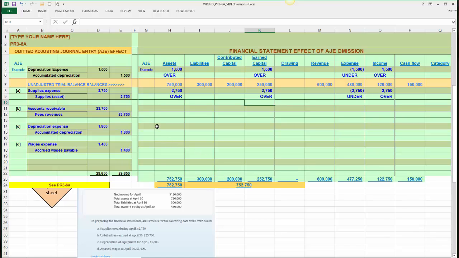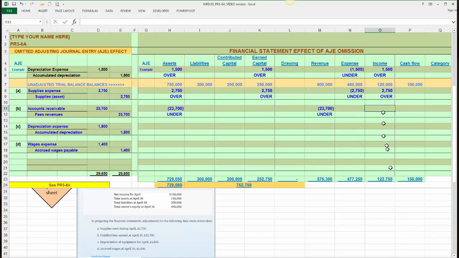In transaction 2, if we omit the journal entry to increase receivables and increase fees revenue, what we would have done is to have assets, accounts receivable is an asset, understated by $23,700, and we would have understated revenue by $23,700.